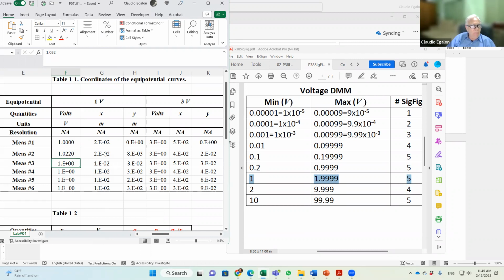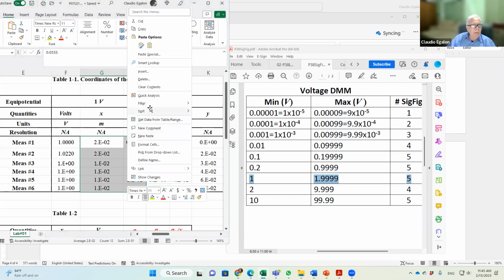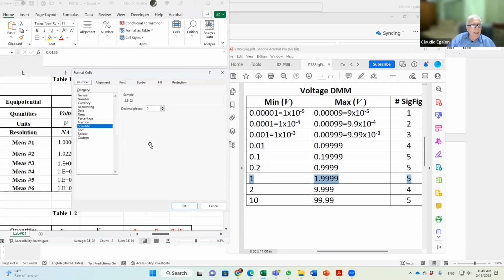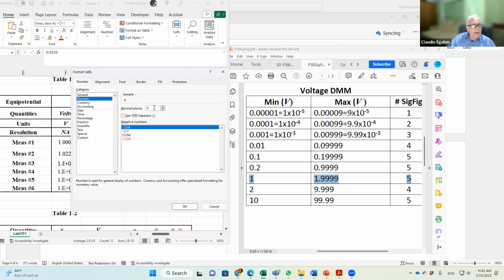For the X and Y values, you use the resolution of your ruler, which goes up to the millimeter, up to the 3rd decimal place. Everything here should have the same number of decimal places. Format, don't forget numeric 1, 2, 3.